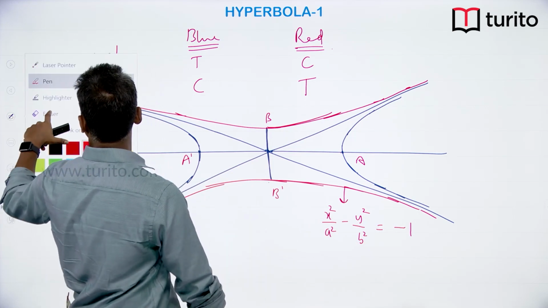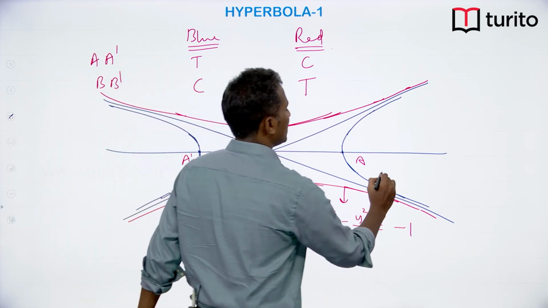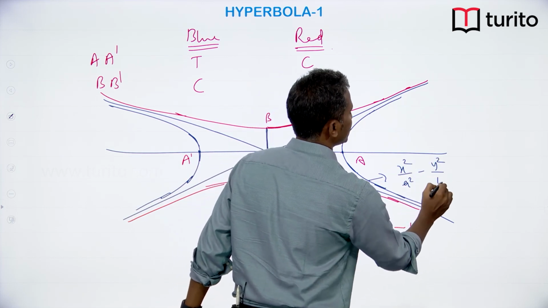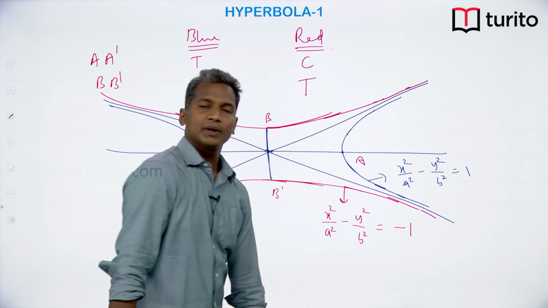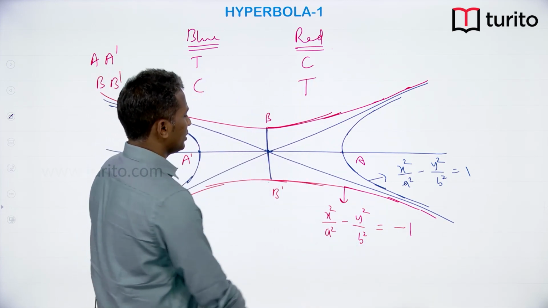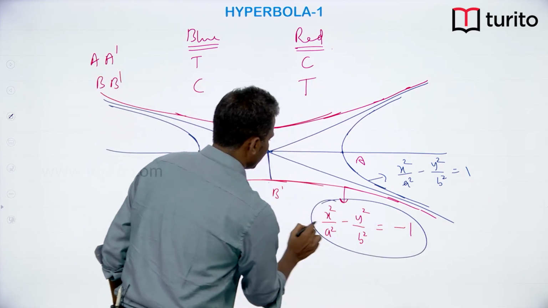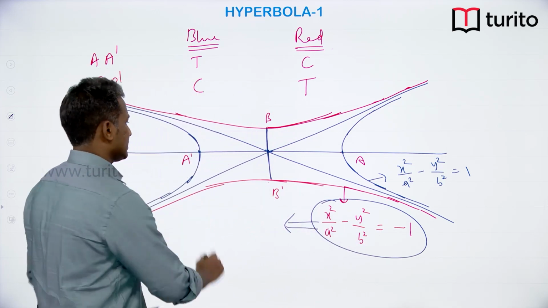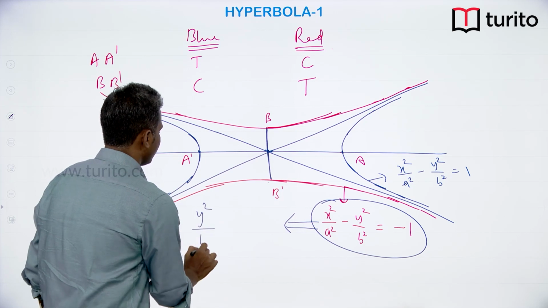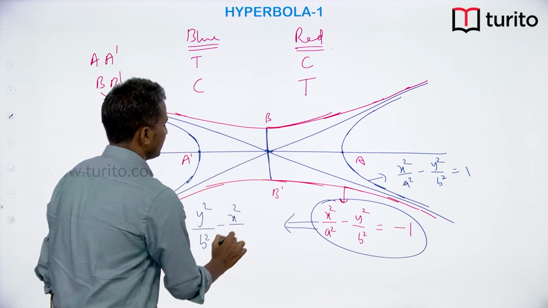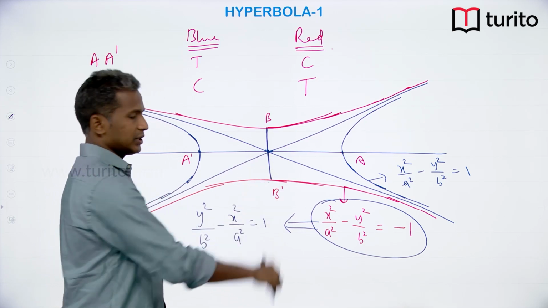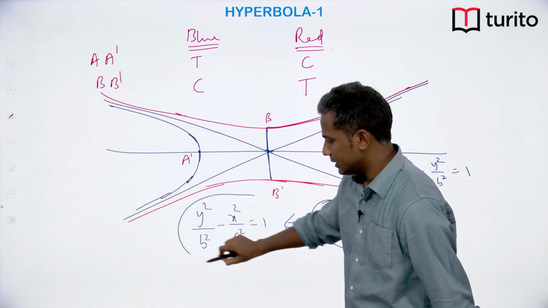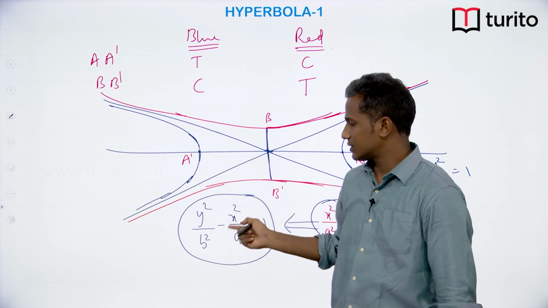What is the original hyperbola here? The original hyperbola is x square by a square minus y square by b square equal to 1. Now, if you simplify this by taking the minus sign to the LHS, it becomes y square by b square minus x square by a square equal to 1. If you look at this equation directly, you can understand it this way.